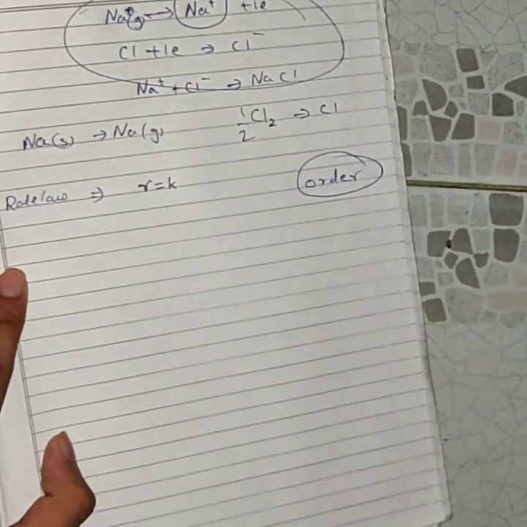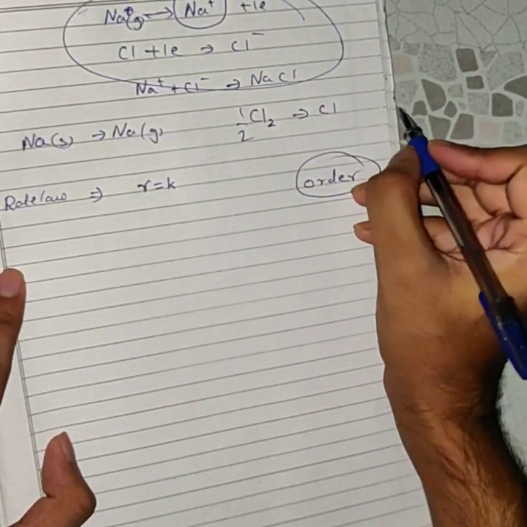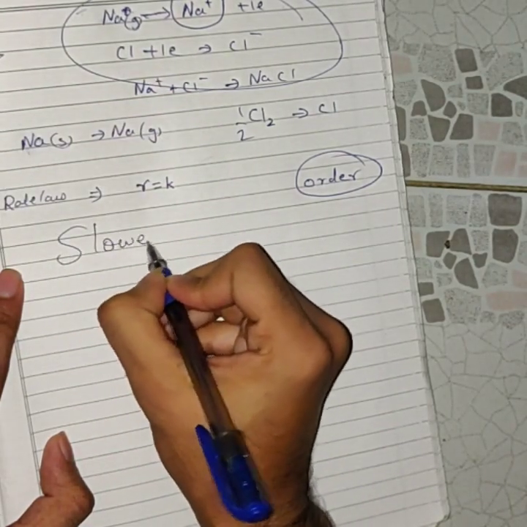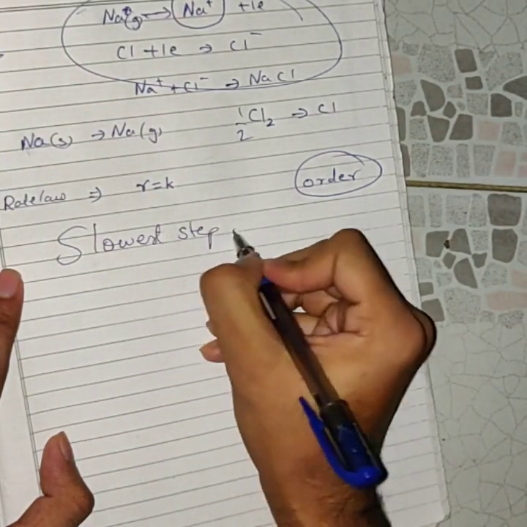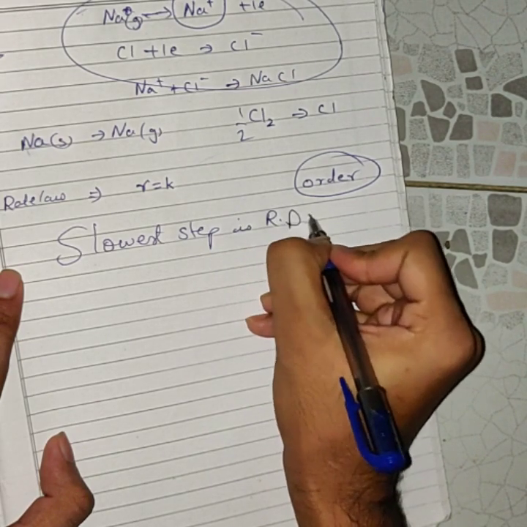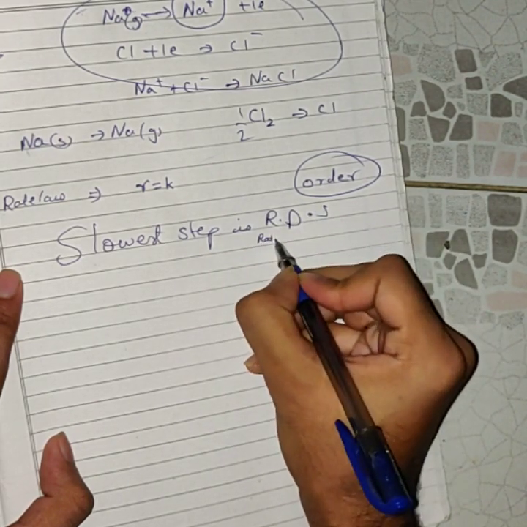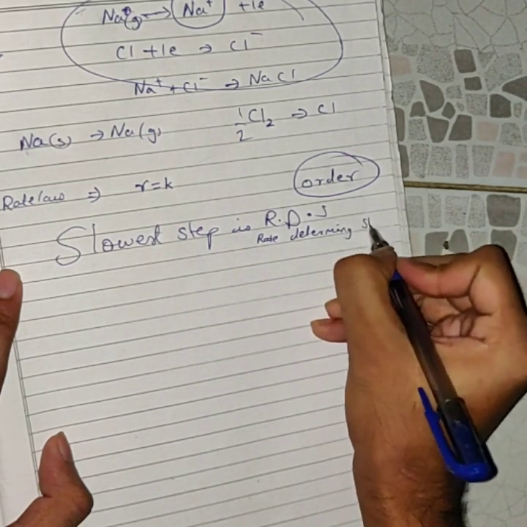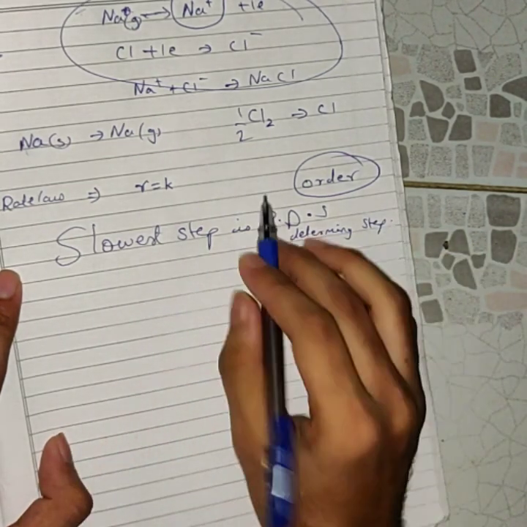In such a multiple step reaction, you have to understand the slowest step is the RDS. What is RDS? Rate determining step, meaning the rate will be decided by the slowest step.